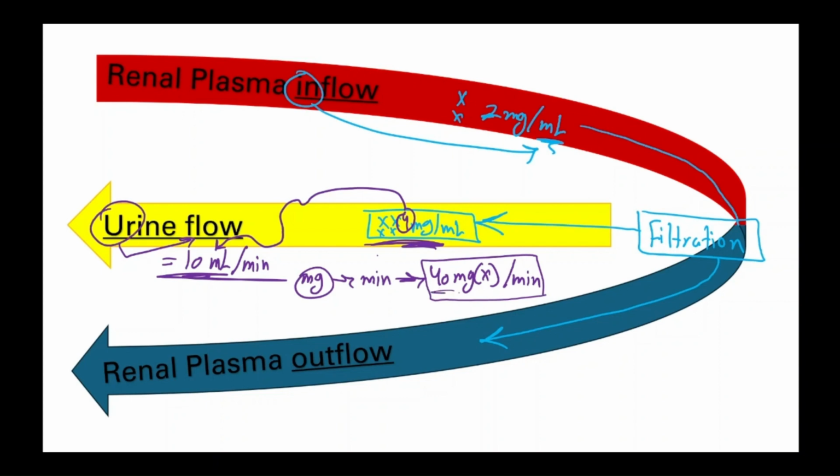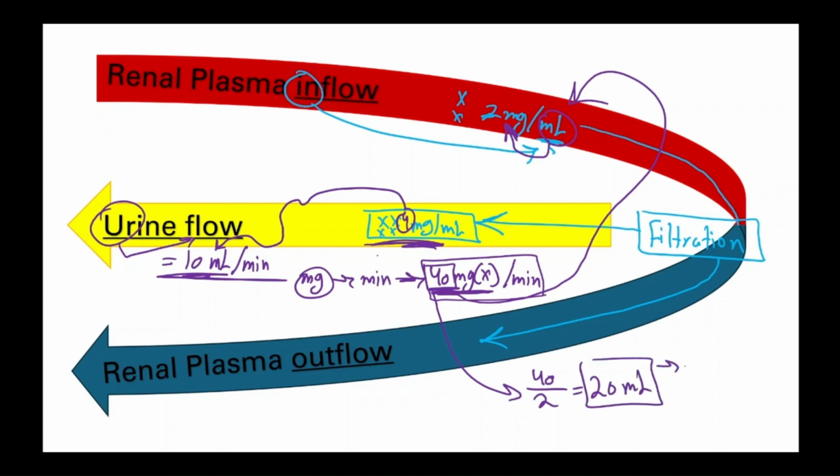If we want to take this exact same amount and return it back to the plasma, the question is how many mL of plasma are needed to hold this exact same amount of the substance X. So if each ml can hold a total of 2 mg of the substance X, then for plasma to hold 40 mg of the substance X, we need 40 divided by 2, a total of 20 ml of plasma to hold this amount of the substance.